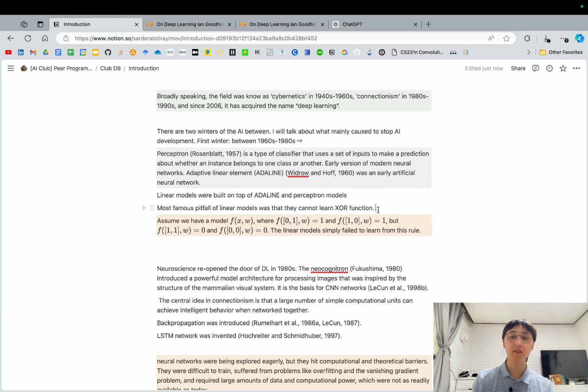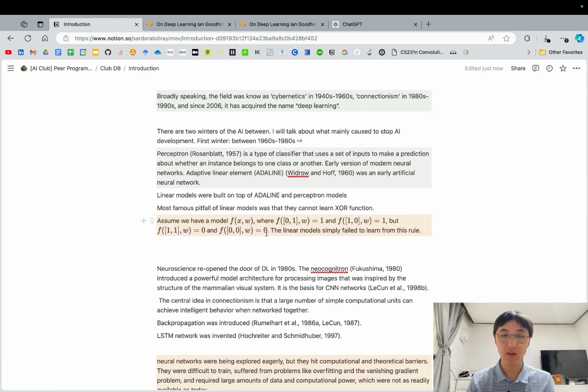But unfortunately, there was one very bad pitfall, a disadvantage of these linear models: they couldn't simply learn the XOR function. What is this function? Assume we have a model f. We give input x, and it has weights, where if we give 0 and 1, it should return 1. If we give 1 and 0, it should give us 1. But when we give 0 0 or 1 1 as input x, it should give us 0.